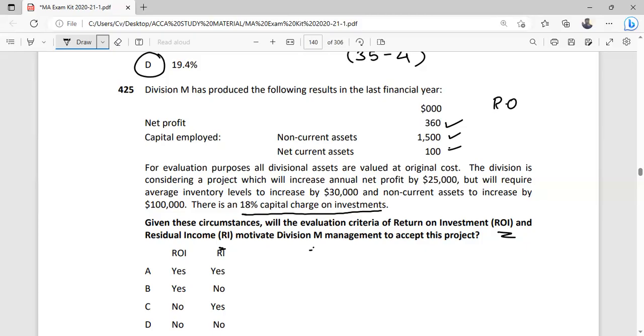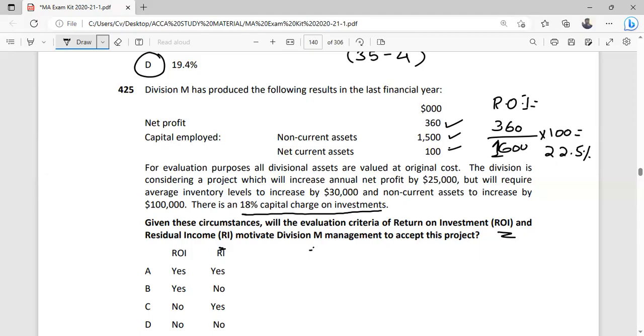So I can calculate my current return on investment, $360,000 divided by 1.6 million into 100. So what is ROI percentage? ROI percentage currently is 22.5%.